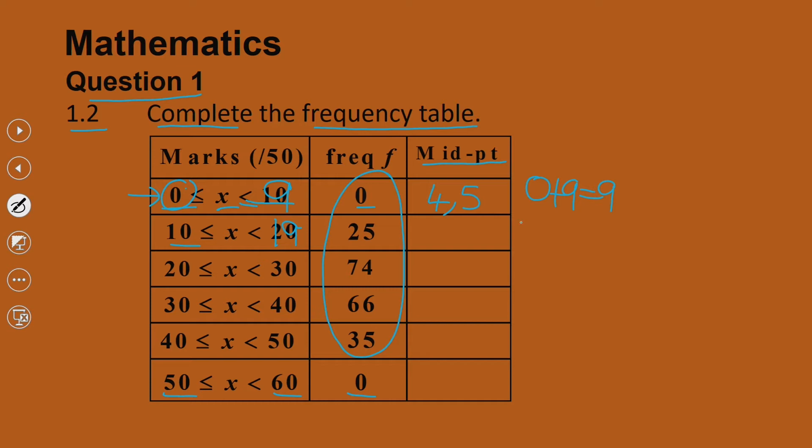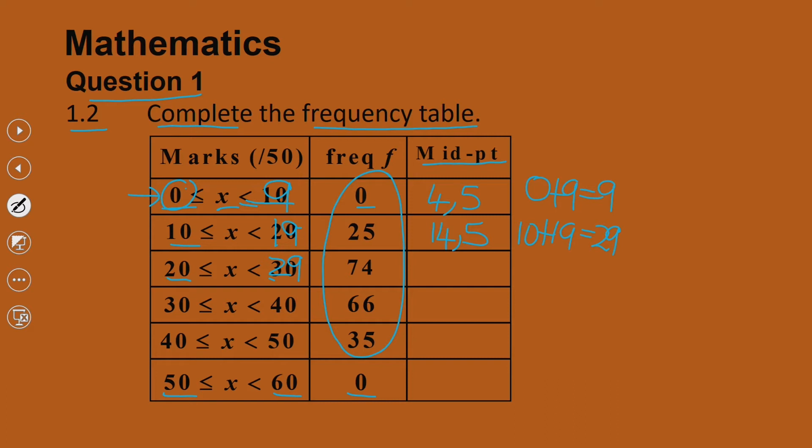Then we can say 10 plus 19, that gives you 29, and then the 29 divided by 2 gives us 14,5.